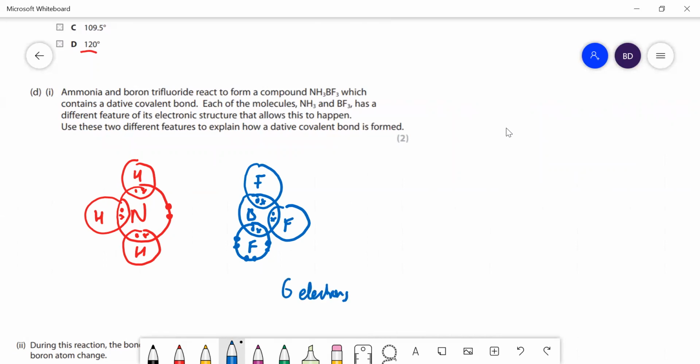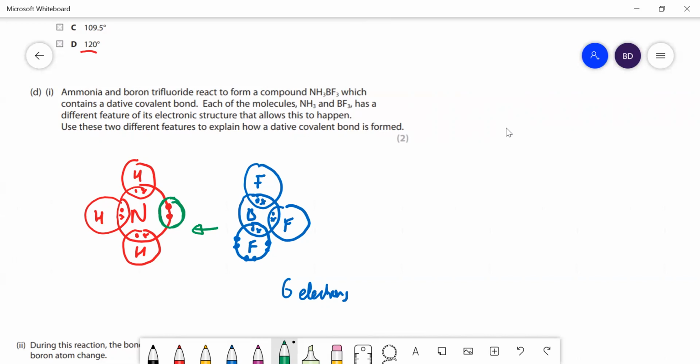So what tends to happen is that the boron forms a dative bond. So the lone pair of electrons in the ammonia forms a dative bond to the boron. So the nitrogen and the boron will share this pair of electrons, but it's a dative bond because both of the electrons come from the nitrogen.